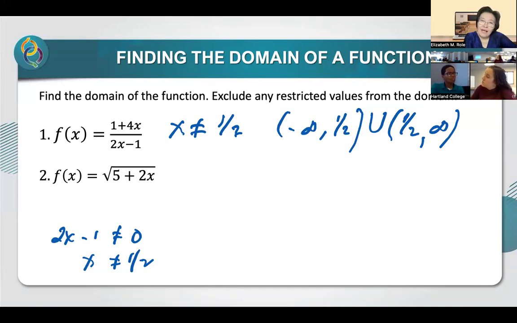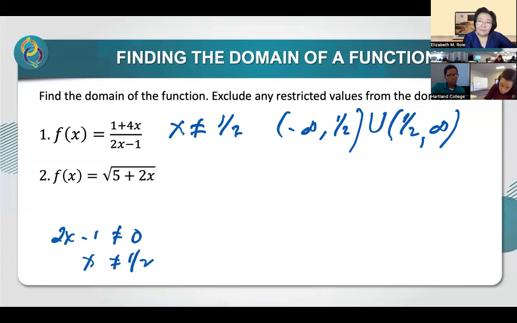For the square root sign, you would say the domain should be that the expression under the square root should be greater than or equal to 0, because if it's less, then it will not be a real number anymore.